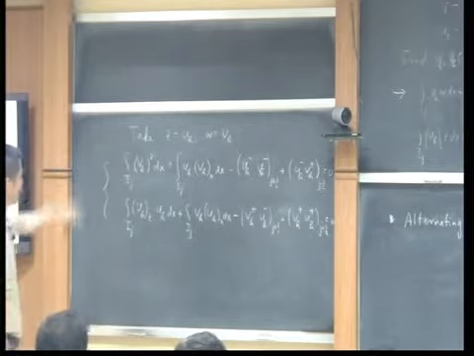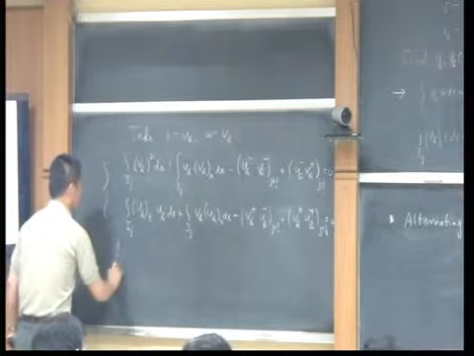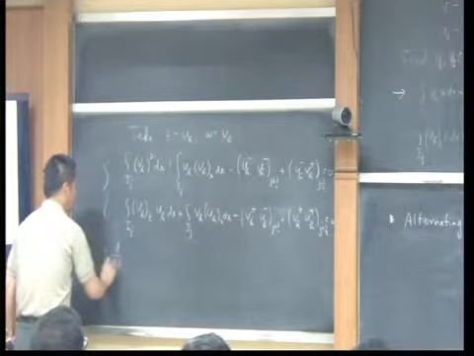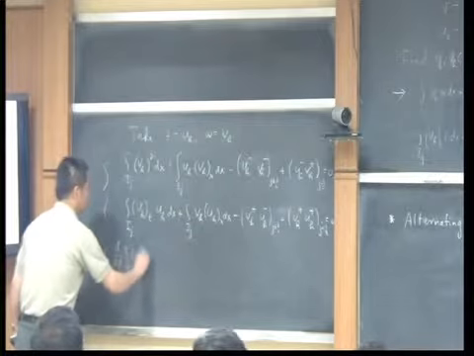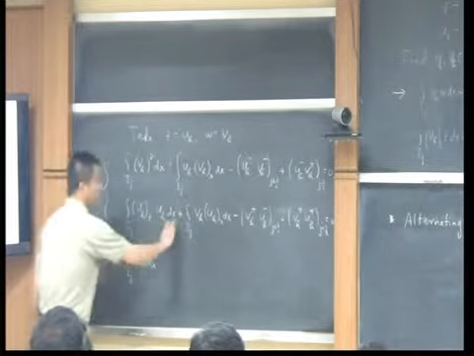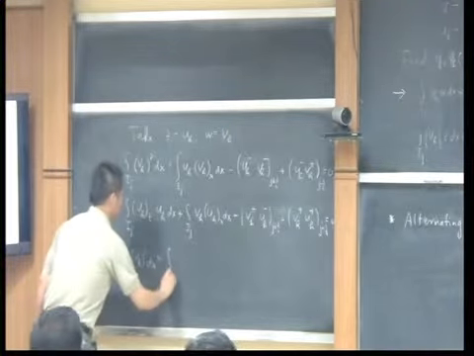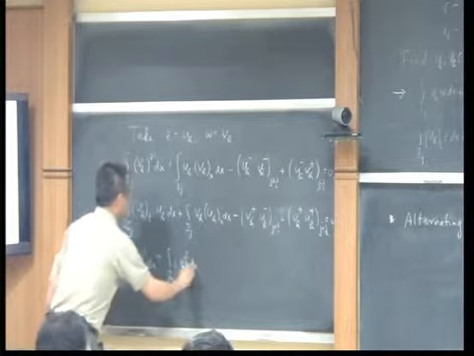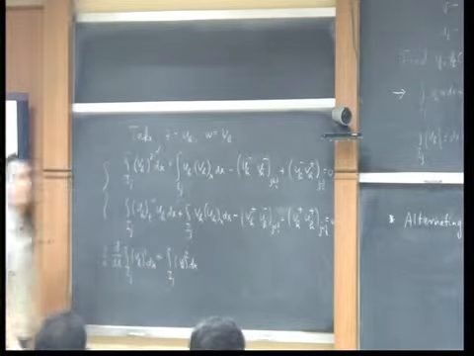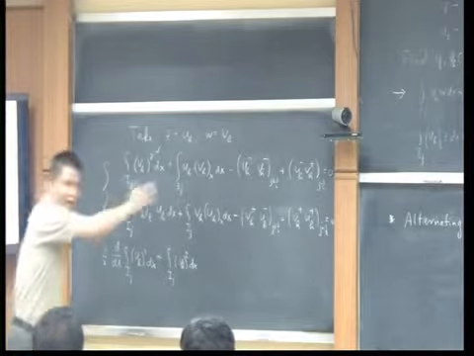Then I sum it up. If I sum it up, I get d/dt of one half the integral over I_j of u_h squared dx, which is this term, plus the integral over I_j of v_h squared dx, this term, and a lot of other terms.